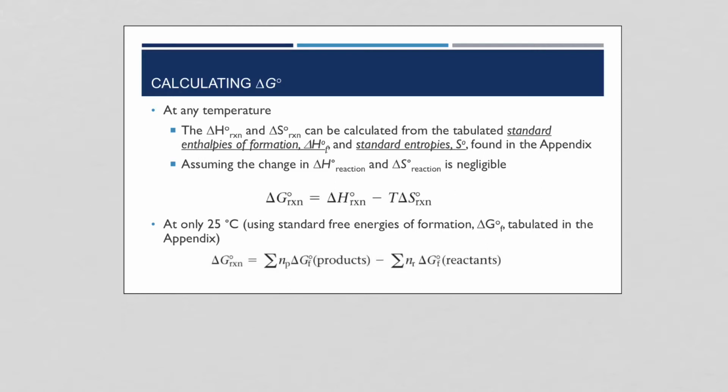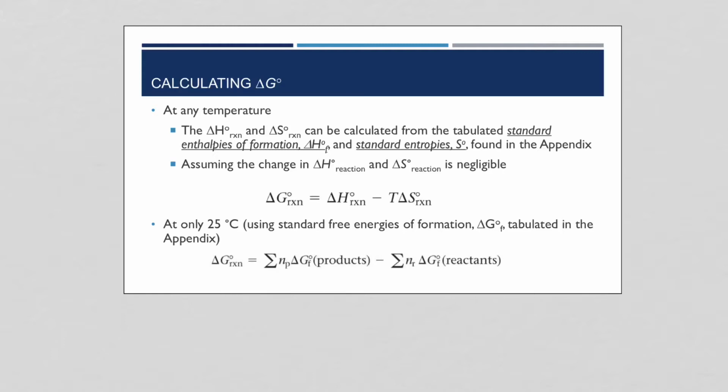a couple sections ago, where we saw that the change in free energy, standard state for a reaction, is equal to the change in enthalpy at standard state for the reaction minus temperature times the change in entropy under standard state conditions.